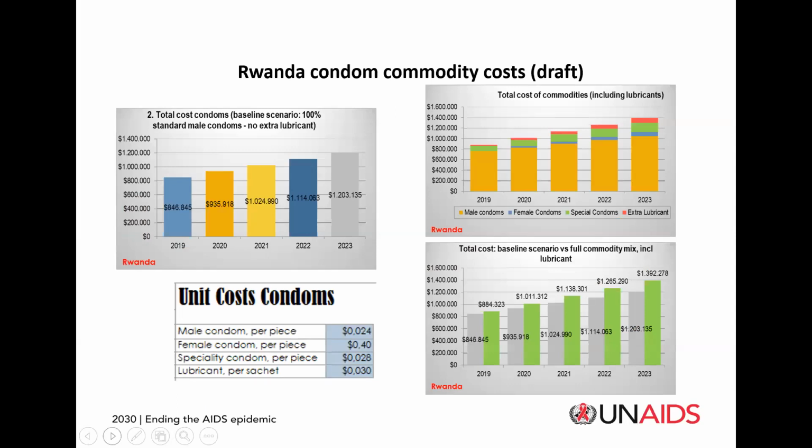And then finally, once you've done your estimate and developed your scenario, all this is generated automatically by the tool. These are then visualizations of the commodity costs for your program based on the scenario you have developed. Next slide, please.